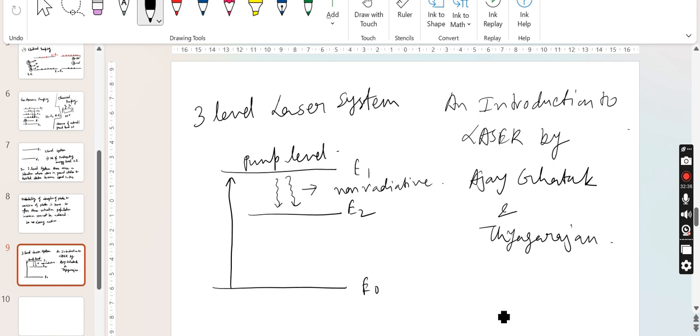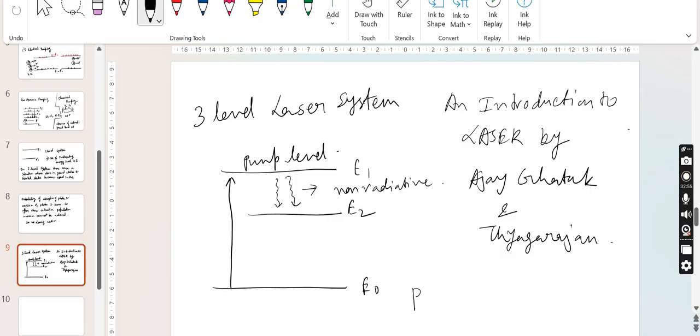But here is also a problem: E0 is the source level. So if there are already very many atoms there, we need to pump at least half of the atoms to the pump level.